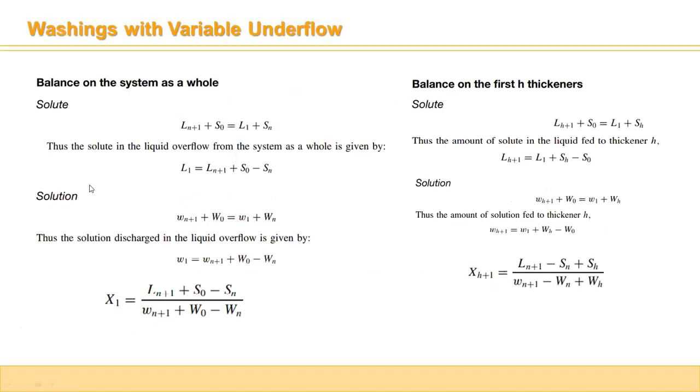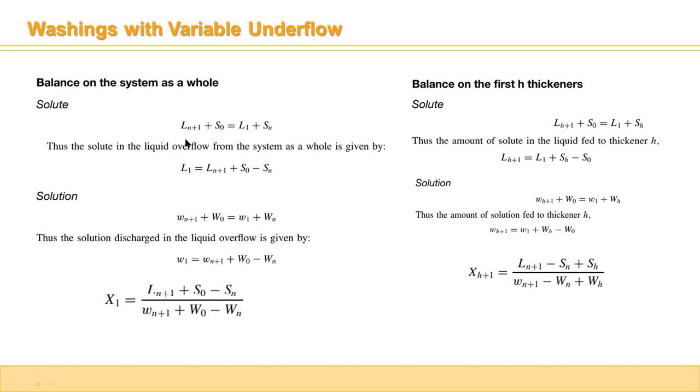Okay? So how do we process a problem in which there is variable underflow? So washings for variable underflow. You have to do a balance on the whole system based on the solute and the solution. So you just simply account for the total solute coming in to your system. So you have two streams to account for that: the S sub O for your feed and the L sub n plus 1 for your solvent.